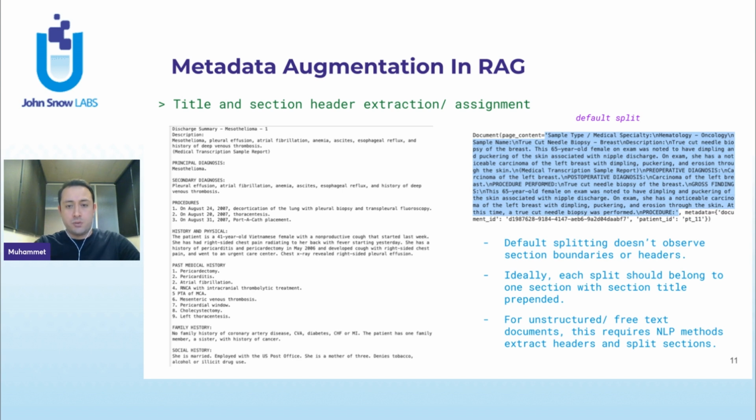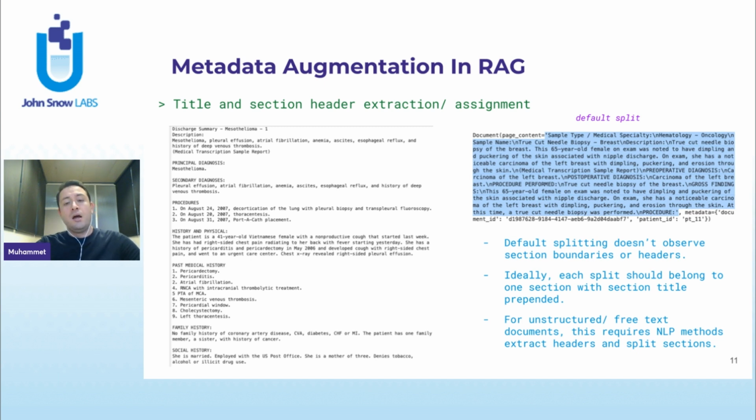So when we send a query to the vector database, it will return the diseases related to the patient himself or herself, instead of the family members. Or if we ask a question related to the family members, it will return the splits where these diseases exist in the family history sections.